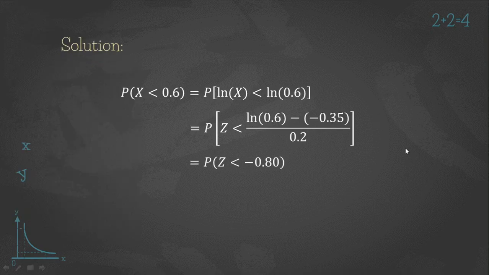So, the probability of variable z is less than negative 0.80. So, hahanapin natin siya ulit sa z-score or dun sa table.